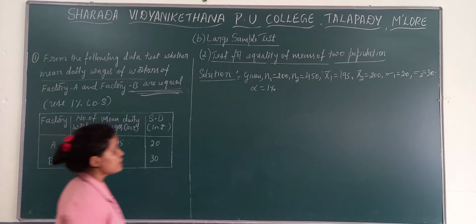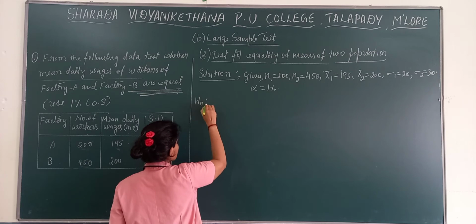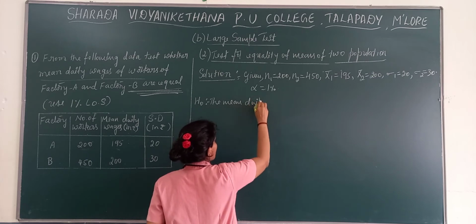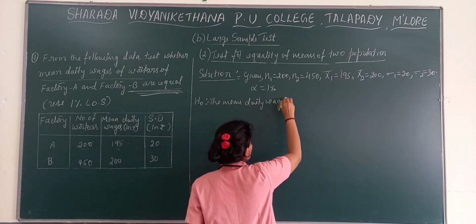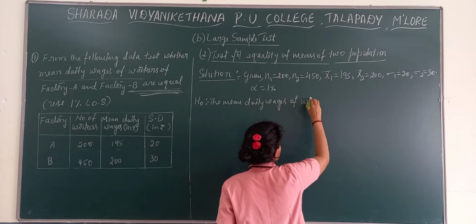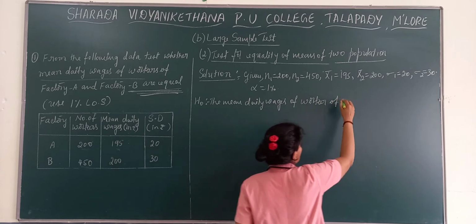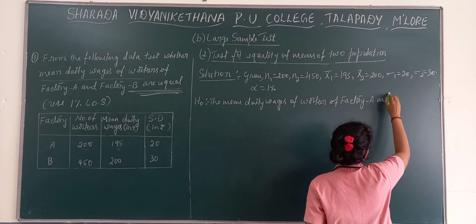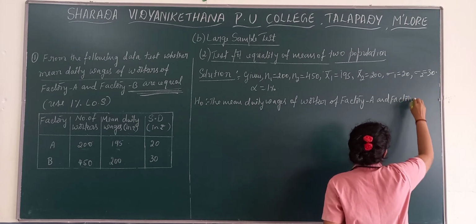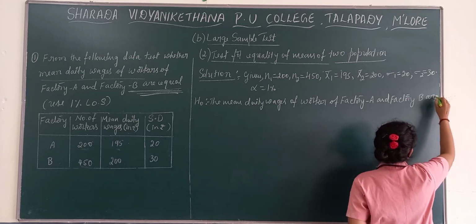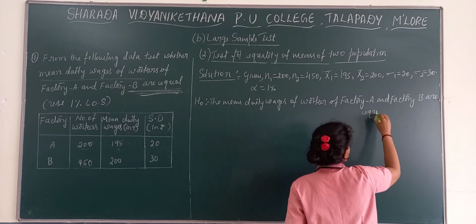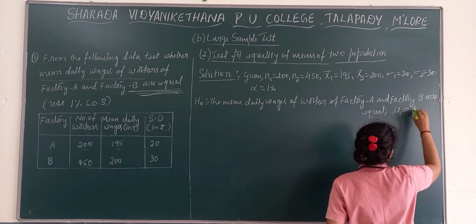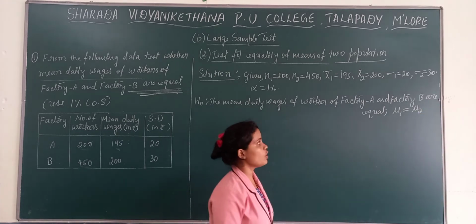Write the null hypothesis as: the mean daily wages of workers of factory A and factory B are equal. That means mu1 is equal to mu2.